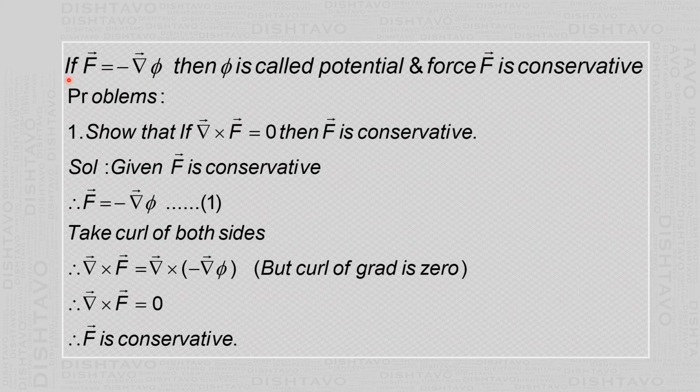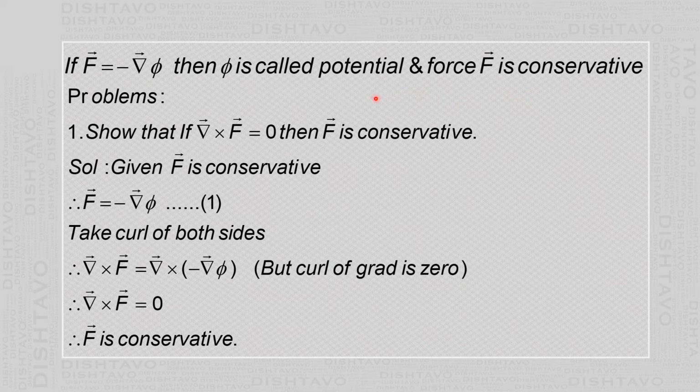If vector F is a force and if we are able to express it as minus grad phi, then that phi is called a potential, and in that case the given force is conservative. The meaning of a conservative force is that the work done due to this force is stored as potential energy.